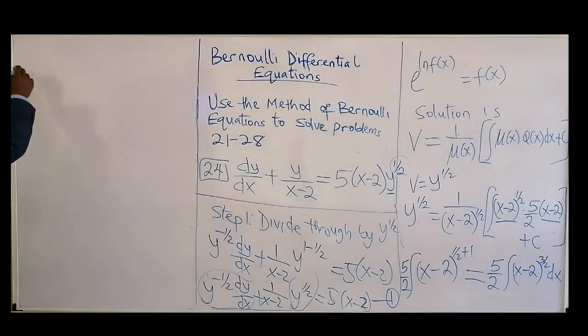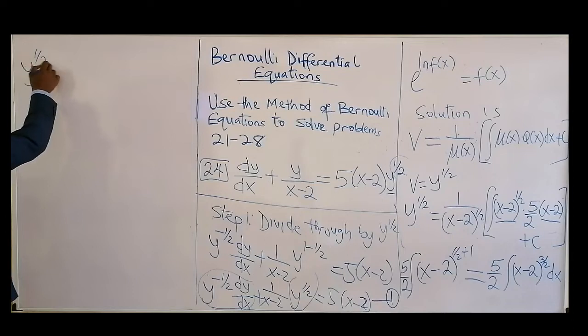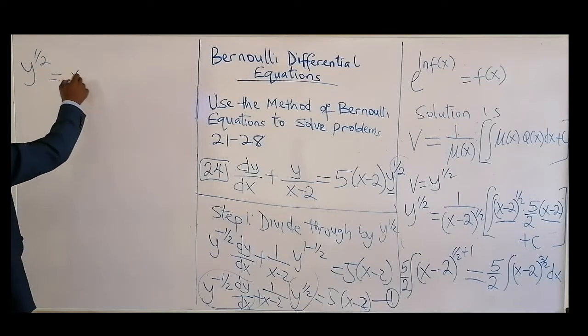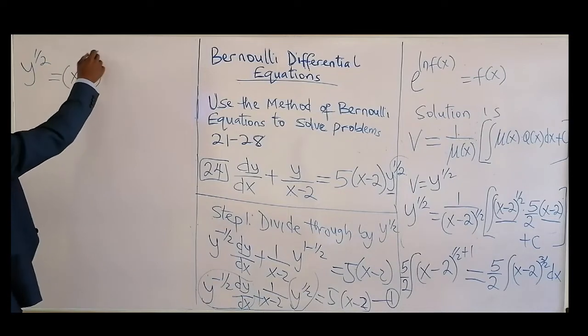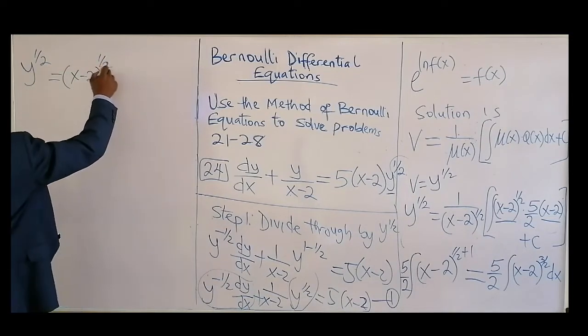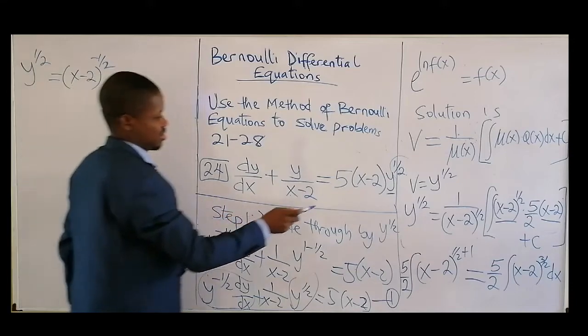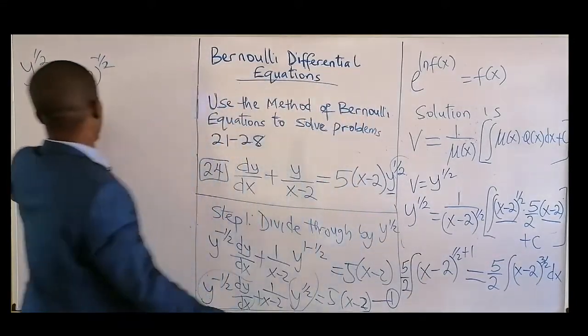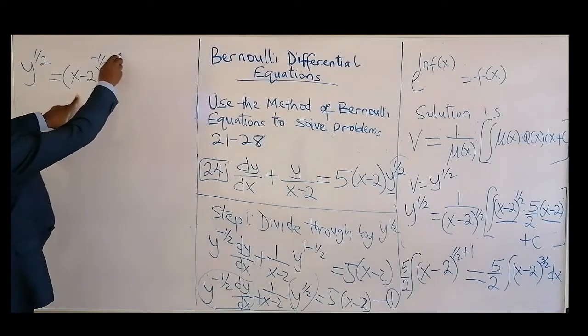So we now have y to the power half equal to (x minus 2) to the power half, to the power minus half. This one over here you can remove, and that's minus half. Then open your brackets.